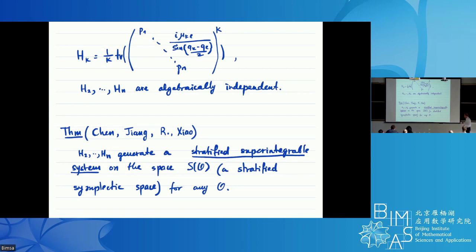And it's very interesting because I confess that I wrote several papers before on these spin Calogero-Moser systems and never paid attention to the fact that everything is stratified.